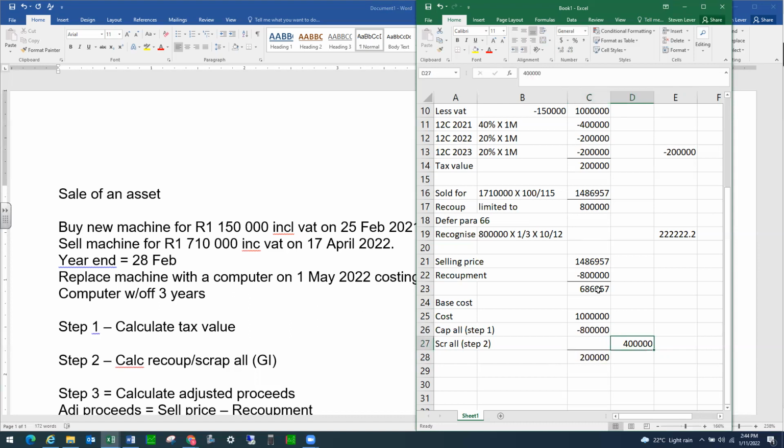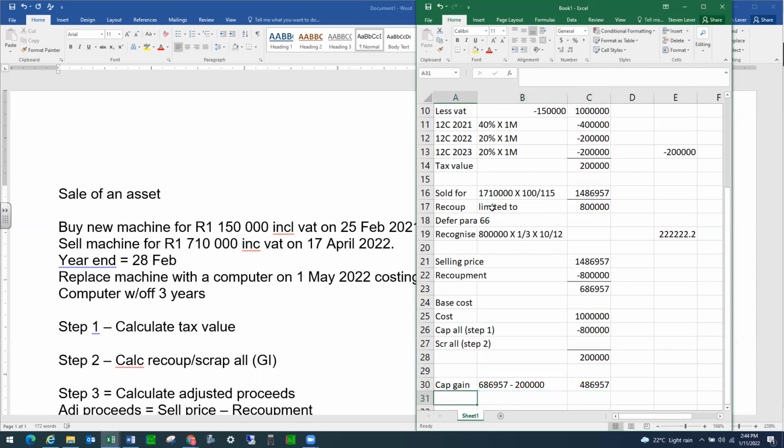You happy? Yep. So now my capital gain for this asset is actually equal to 686,957 minus 200,000. My capital gain is actually 486,957. Is that all right?